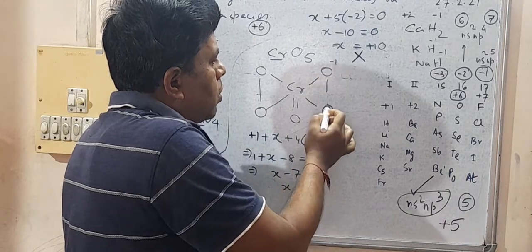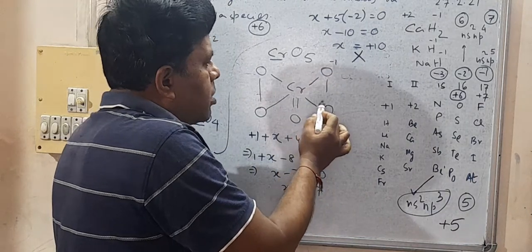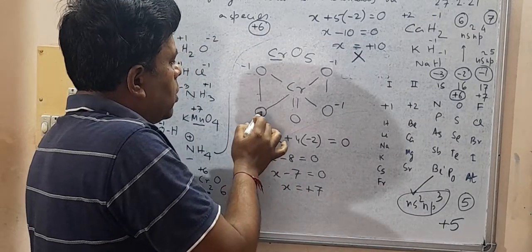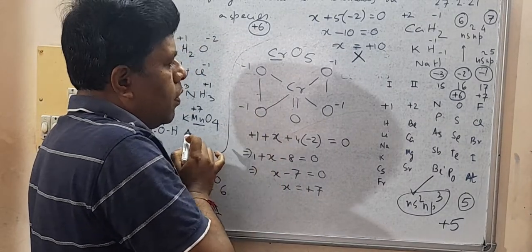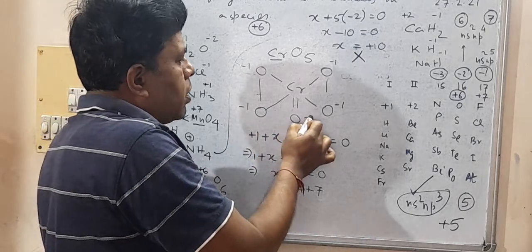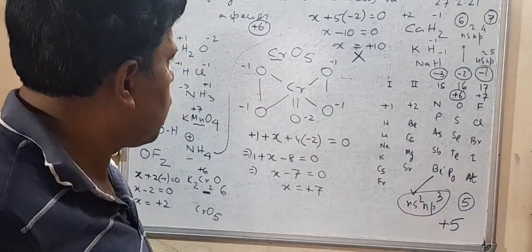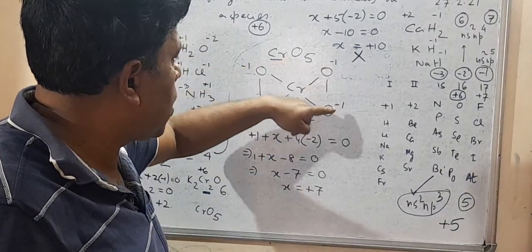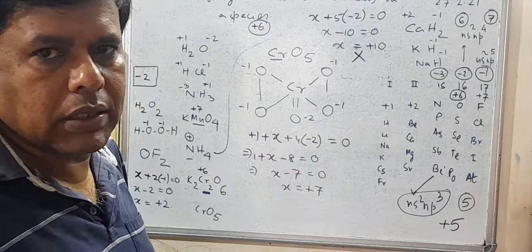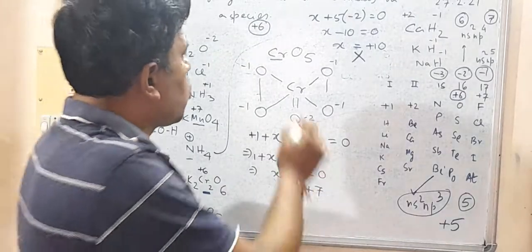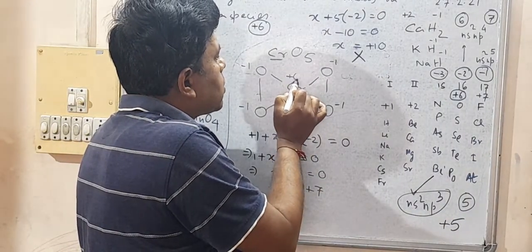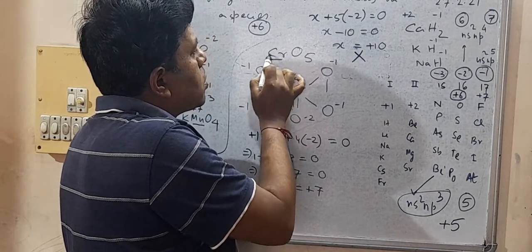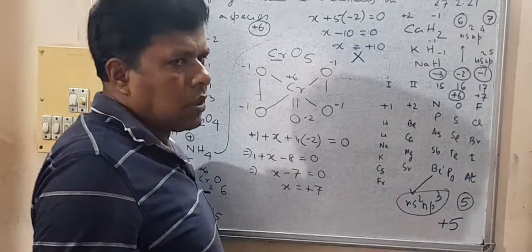It is -1, it's not -2. This is peroxide oxygen -1. This is peroxide oxygen -1. This is peroxide oxygen -1. This is normal oxygen, it's -2. So what is the total negative charge we got? -1, -1, -1, -1, -2. So -6, so chromium will be +6. So in CrO5, the oxidation state of chromium is +6.